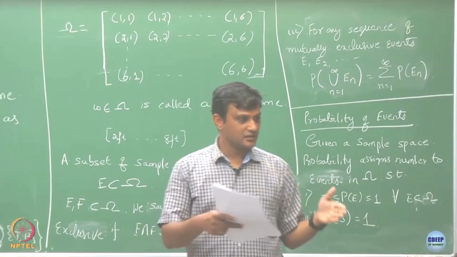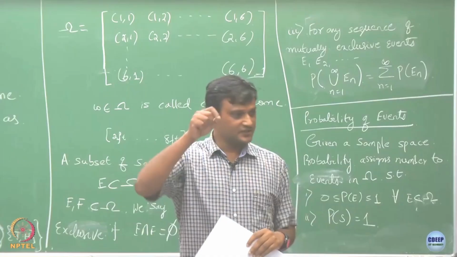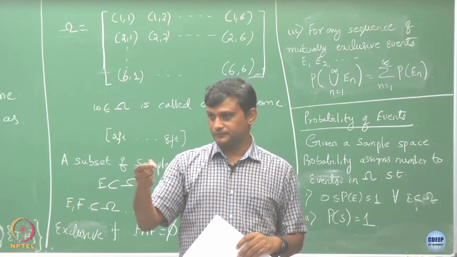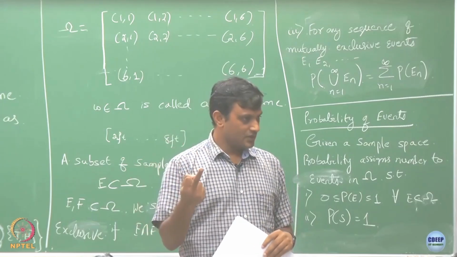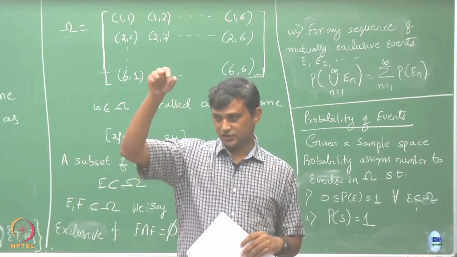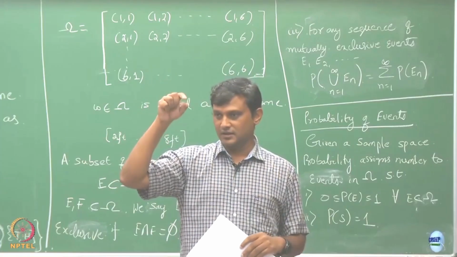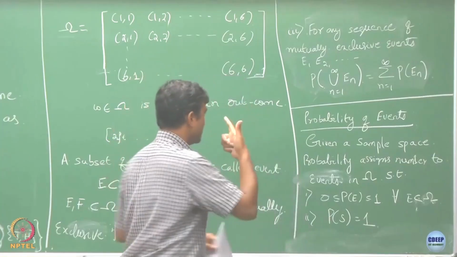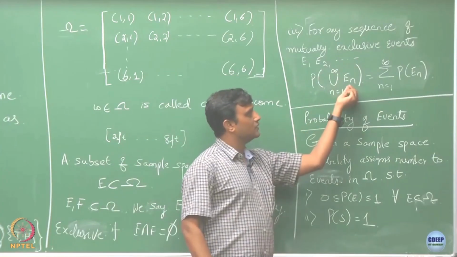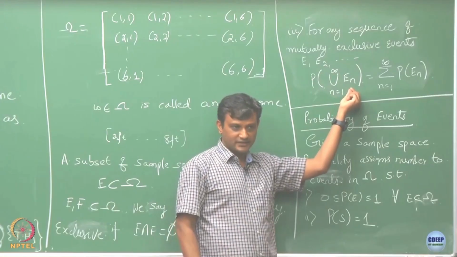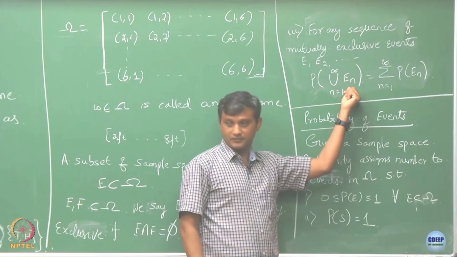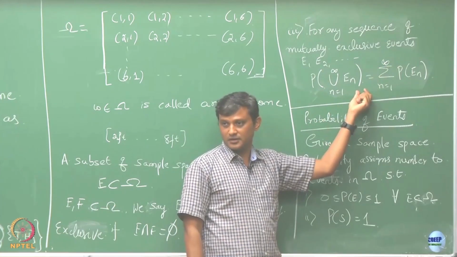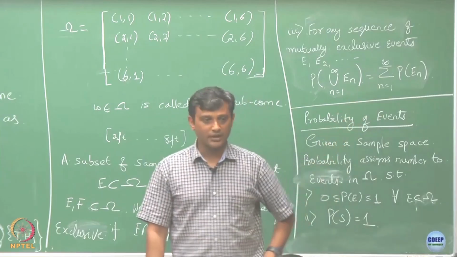A sequence means I have an indexed set of values: you give me any natural number, and that index is associated with some number. If you tell me i, xi is the corresponding number. If you tell me n, xn is the corresponding number. The same notion we use for sets: for every possible index, there is an associated set.